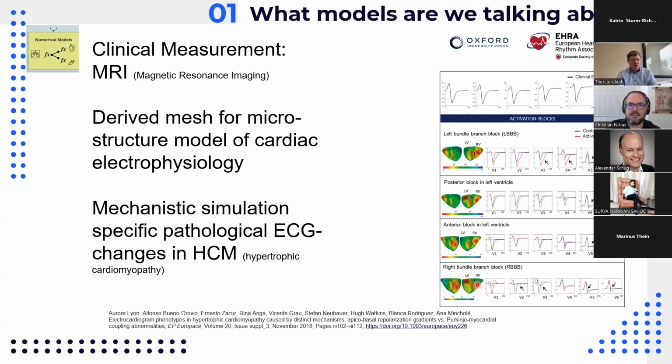And what they did is they used MRIs from patients with heart failure, and they adapted their microstructural electrophysiology model of the heart to these MRIs. And they then derived ECGs, surface ECGs, that you can easily measure in, for example, A&E, like in the emergency department, and try to inform what specific changes would occur in a changed heart in these specific patients.